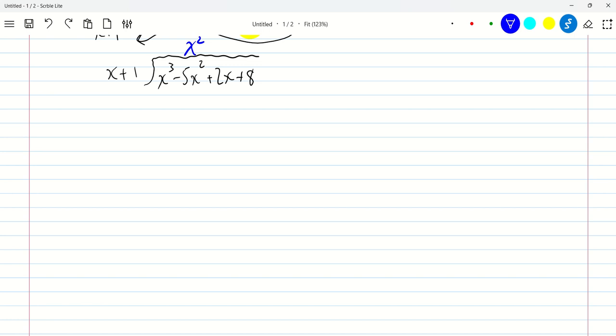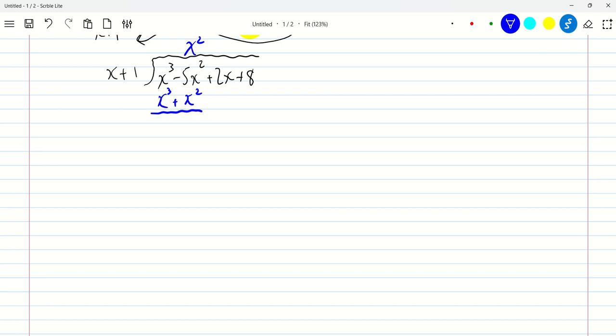And then we multiply that by everything down here. So we multiply the x squared by the x, and we multiply the x squared by the 1 as well. What's x squared times x? It's x cubed, and so we put our x cubed down here. And what's x squared times positive 1? It's positive 1x squared.